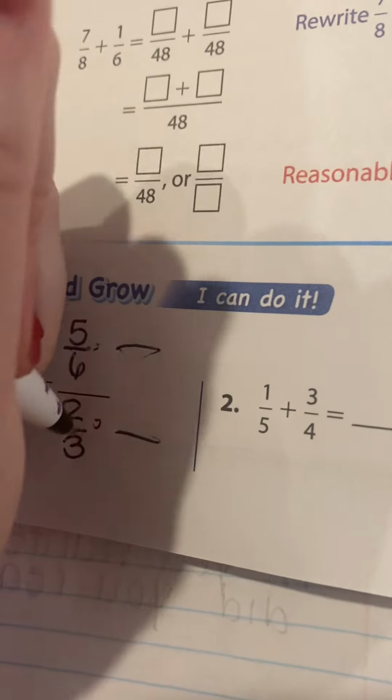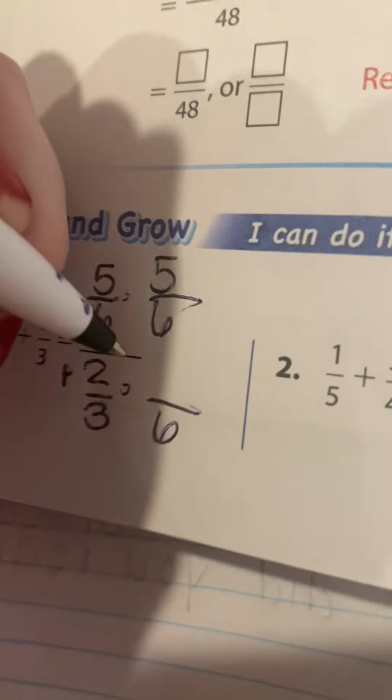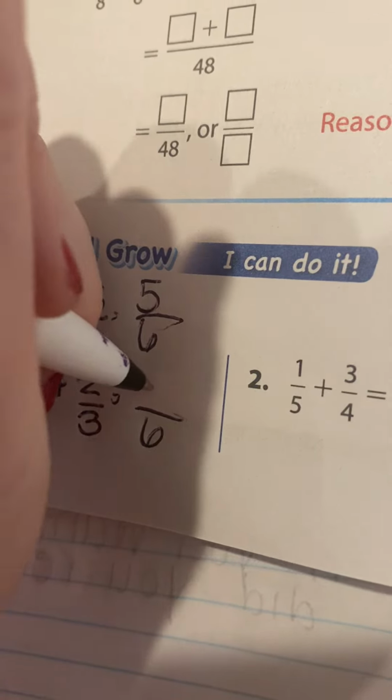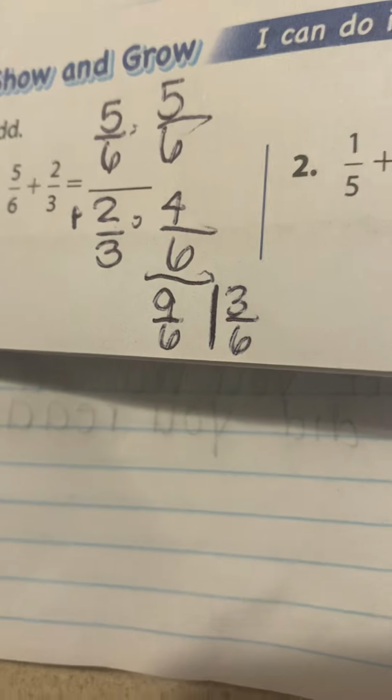So I'm going to say 3 goes into 6 and 6 goes into 6. So 6 times 1 is 6. 5 times 1 is 5. 3 times 2 is 6. 2 times 2 is 4. So I'm going to add this, and I'm going to get 9/6. So 6 goes into 9 once, right? And there's 3 left over, 1 3/6. But that can be simplified to 1 1/2. Okay. Everybody got that? Good job.